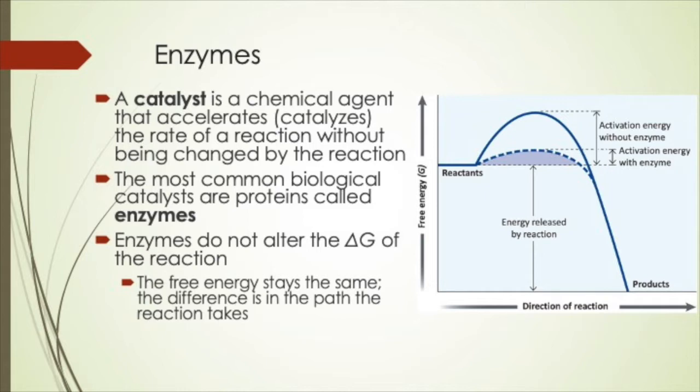So a catalyst is a chemical agent that accelerates the rate of reactions without being changed by the reaction. So the catalyst doesn't change, it just activates the reaction and helps whatever biological molecule it needs to help.